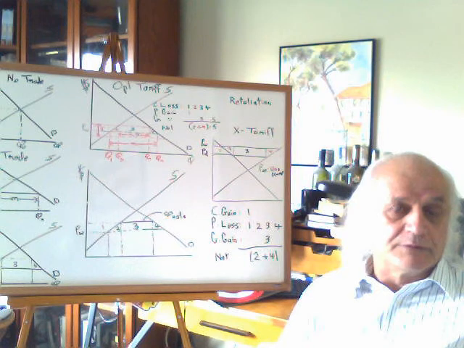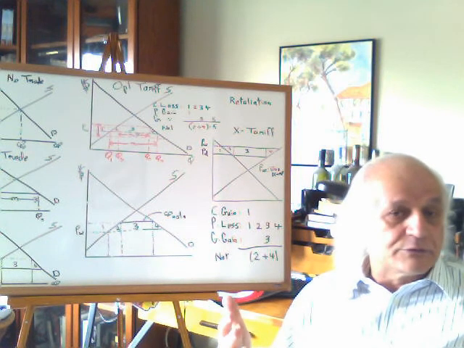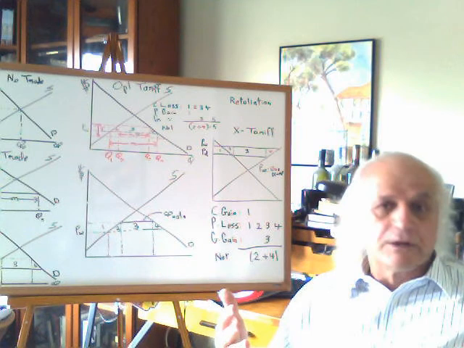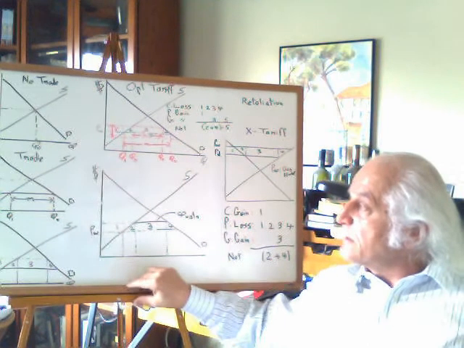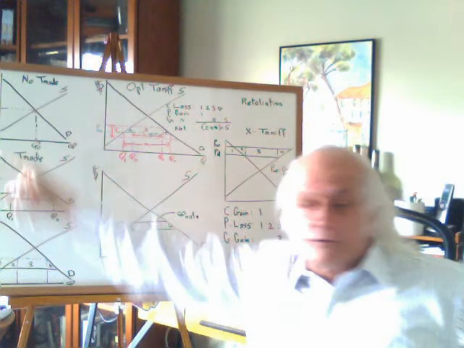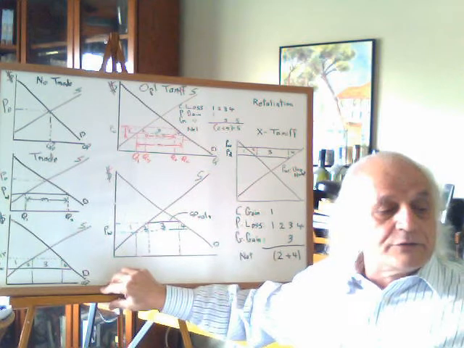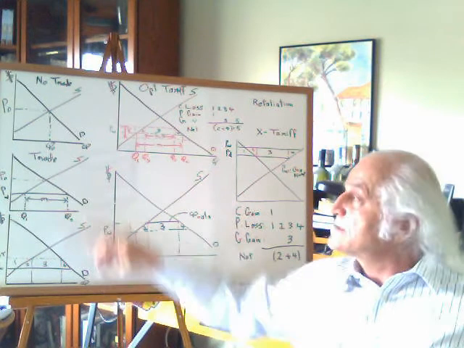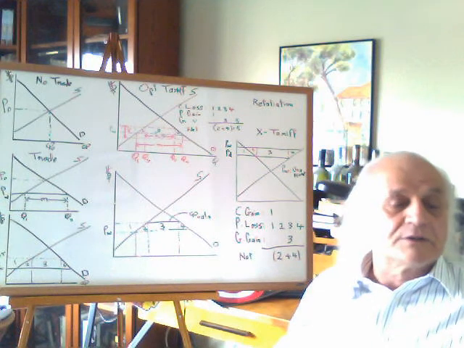Now, the same idea is also true when it comes to the producers. The producers are willing to supply the first unit at $5, the second unit at 6, and the third unit at 7, but the market price is 10. What does that mean?